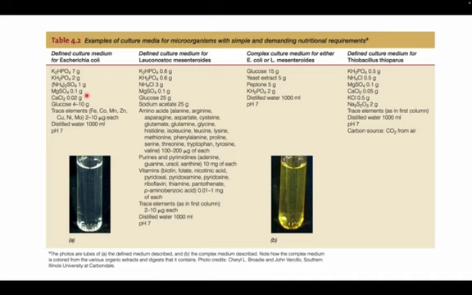So this is a very simple basic medium that we can use to culture a simple organism like E. coli. Now, E. coli is easy to grow because it doesn't have many stringent nutrient requirements.